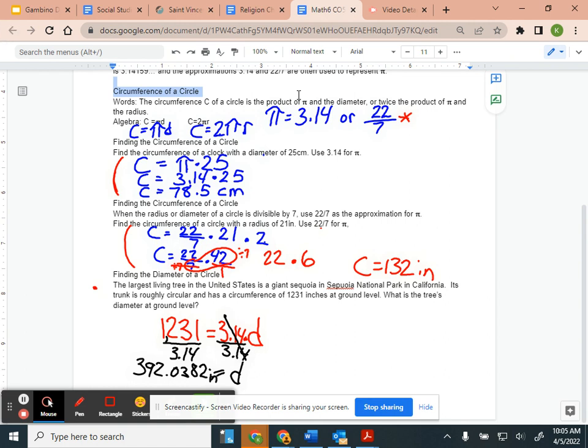Our homework for today, we are doing page 153, 154. We are working on that circumference. How are we feeling about finding the circumference? Some of us are like, yeah, I got it.